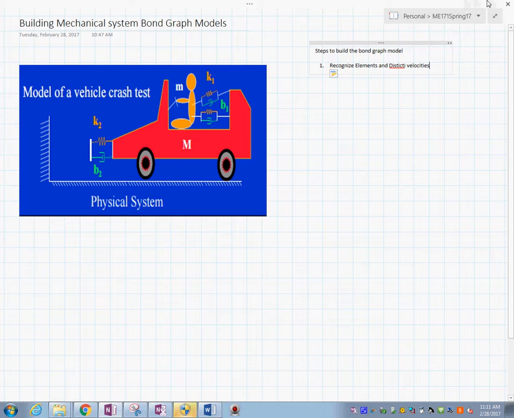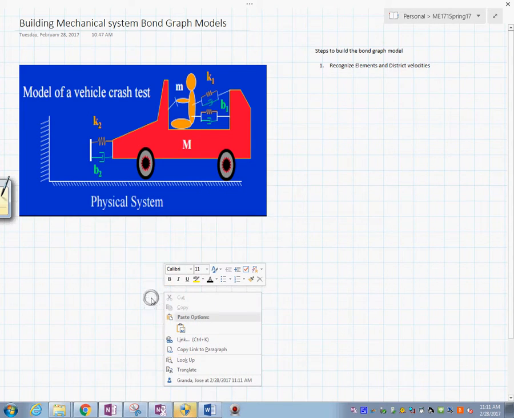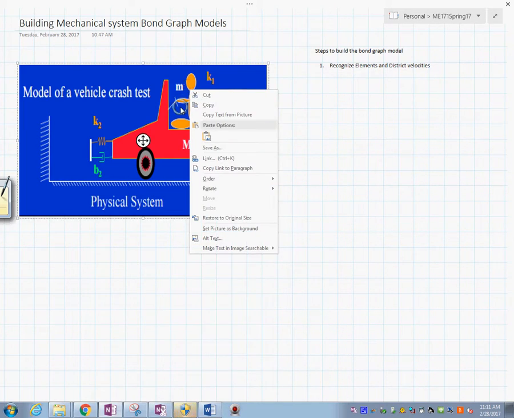Okay, so what do we have in here? We have the vehicle, which is this mass M. We have the dummy here.